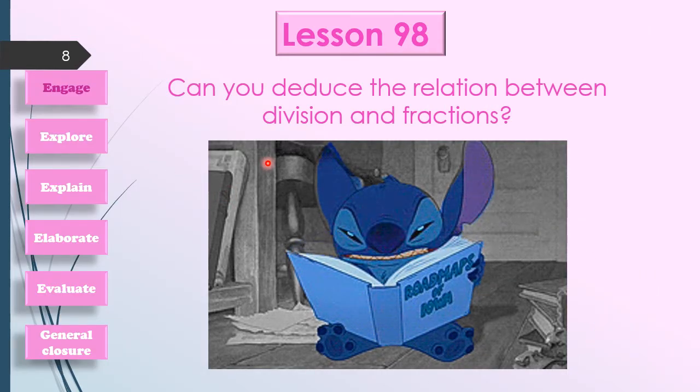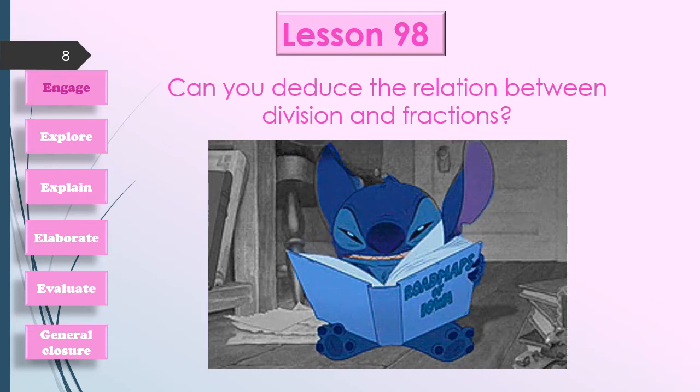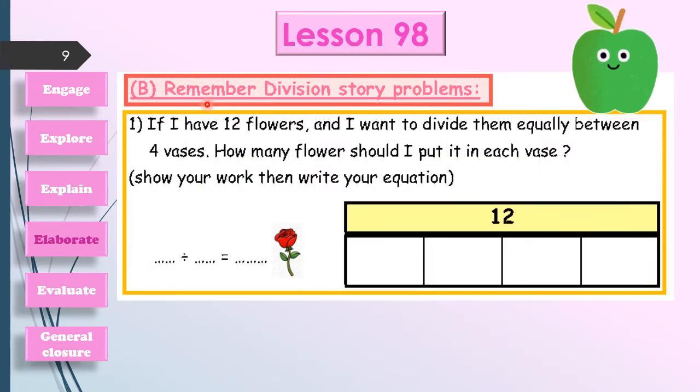Now, can you deduce the relation between division and fractions? Let's remember division story problems. First of all, you must read the story problem very carefully. Then translate each sentence to numbers or symbols or drawings. Then solve our question.